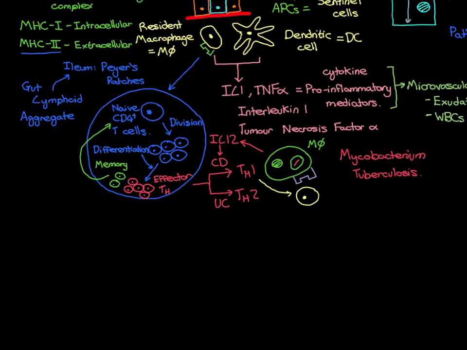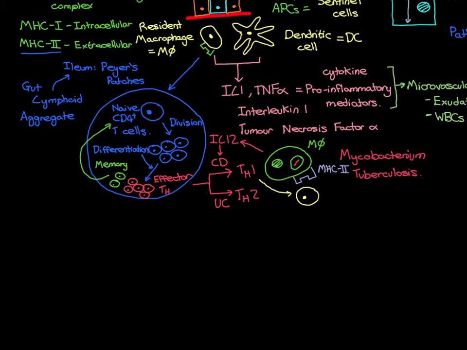It's losing, but it has managed to break down some of the proteins of the Mycobacterium tuberculosis, and therefore on MHC class 2 molecules, it will have peptide fragments of proteins of the Mycobacterium tuberculosis, and it might just have the peptide fragment presented on its surface that this T helper 1 cell is directed against.